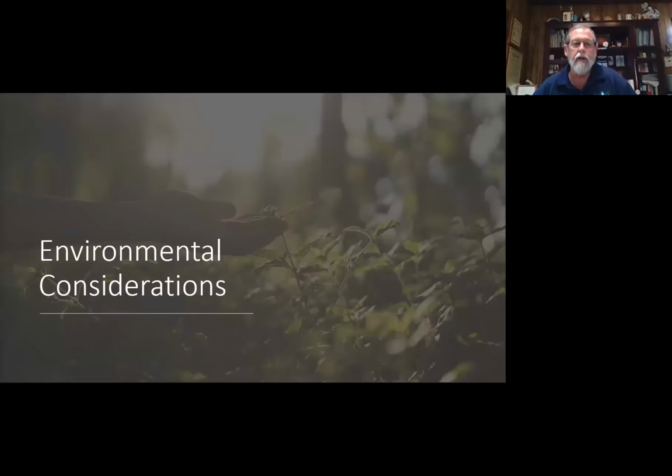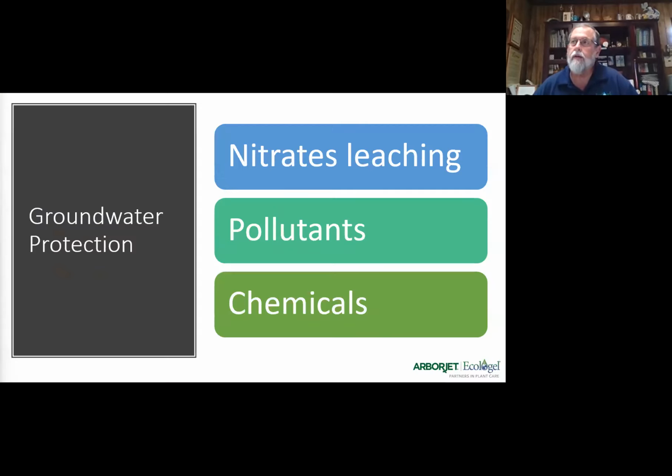As I said, environment is the first one that most people think of when they want to improve fertilizer efficiencies. And that includes things like protecting groundwater. When we talk about groundwater, most of the time we first think about nitrates, nitrate leaching. The EPA has some groundwater nitrate limits, like 10 parts per million is what is considered the maximum allowed for drinking water.